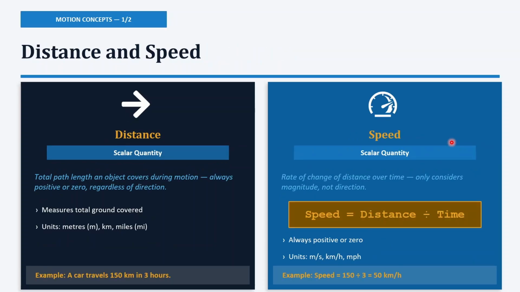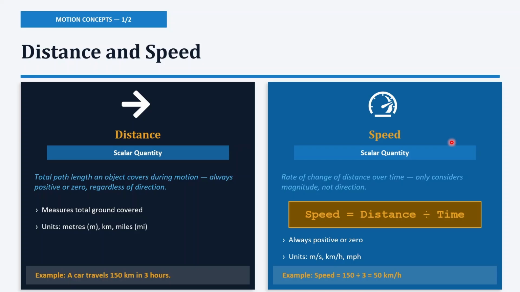Now we move to certain concepts that we use when we are talking about force. I told you that force can cause motion. So if you have a ball, you can kick the ball and the ball is going to move through a certain distance. And once the ball begins to move, there are certain concepts that come into play.